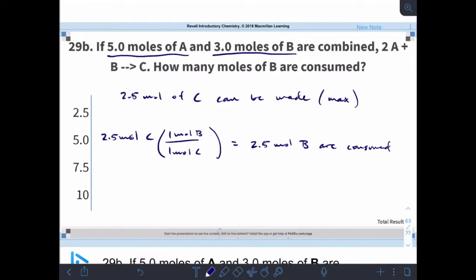We started with 3 moles, and if 2.5 are consumed, that means we have 0.5 moles left over, or we say excess.